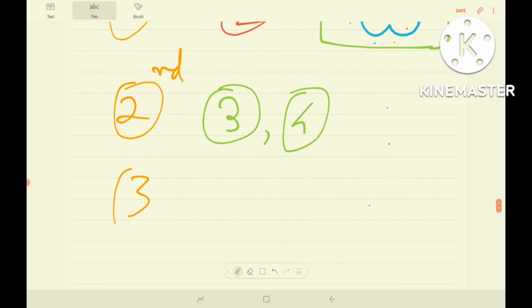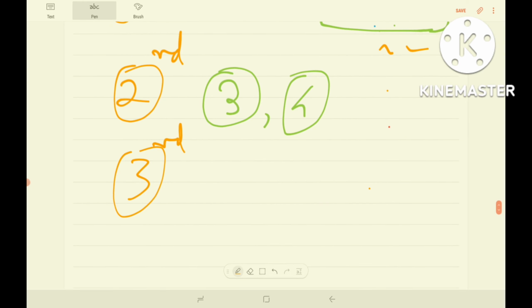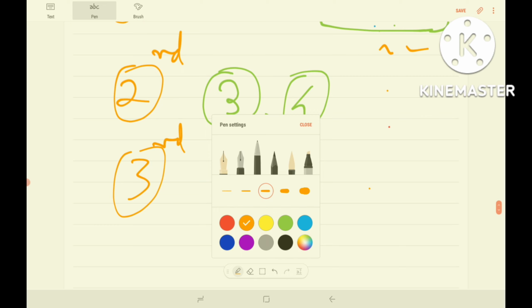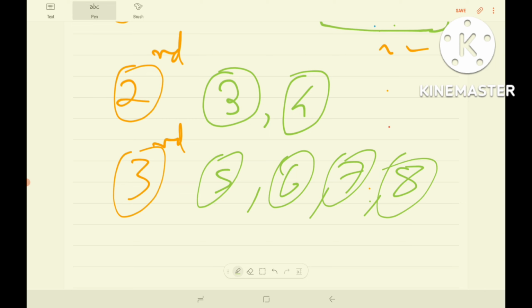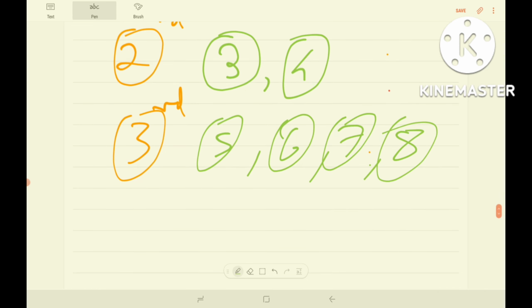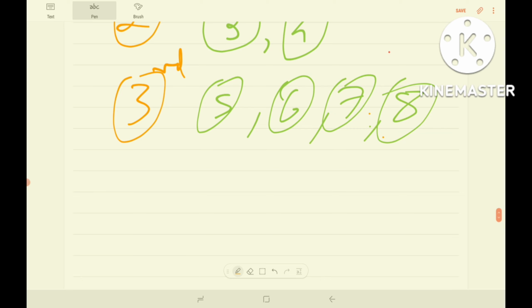Third step, I won't do it, but you can go with a similar kind of argument and claim that the new points should be 5, 6, 7 and 8 basically. Now let us argue that every kth step will lead to 2^(k-1) new points.